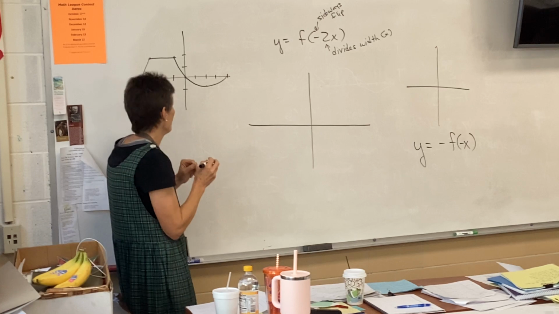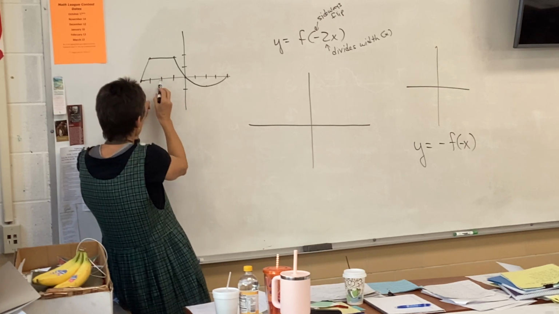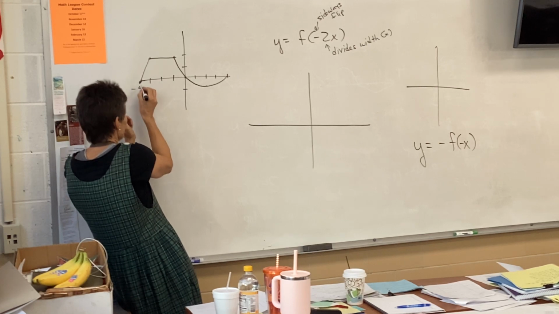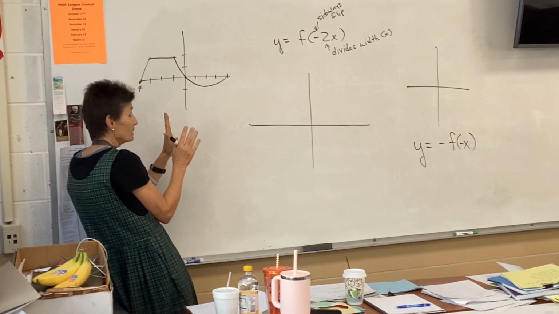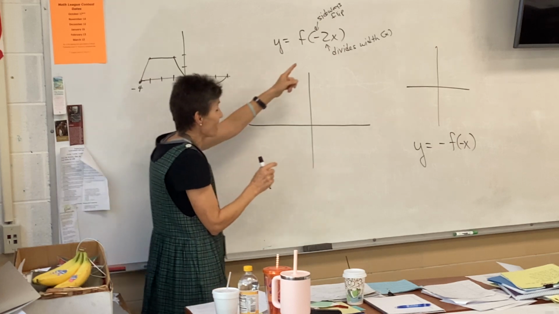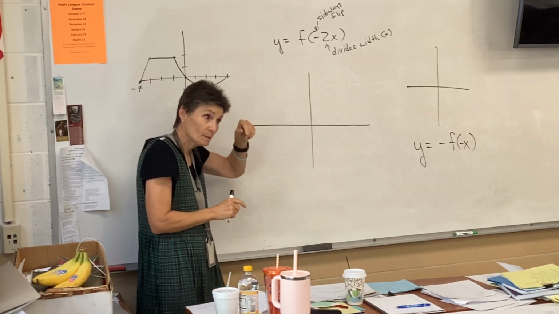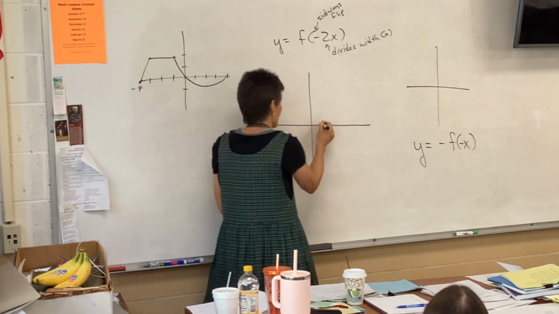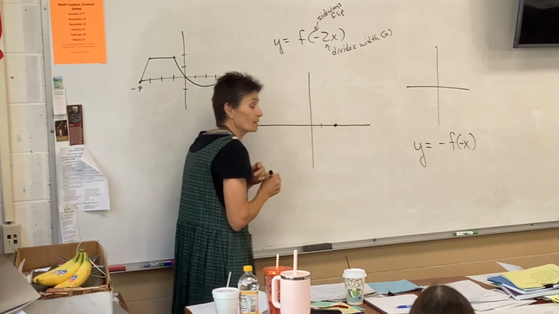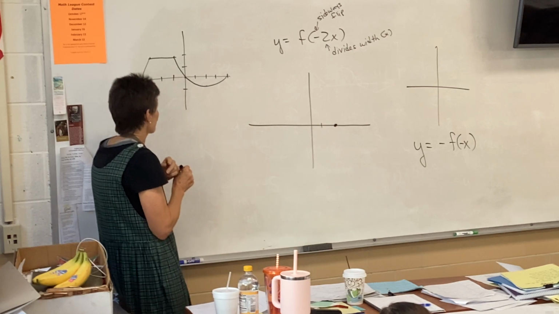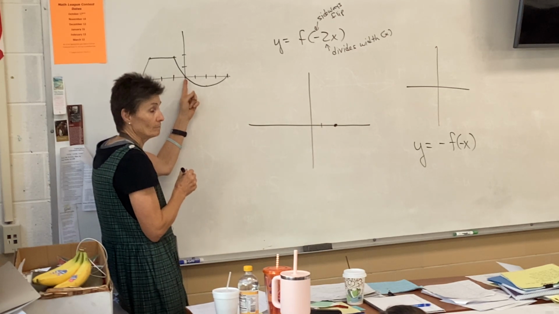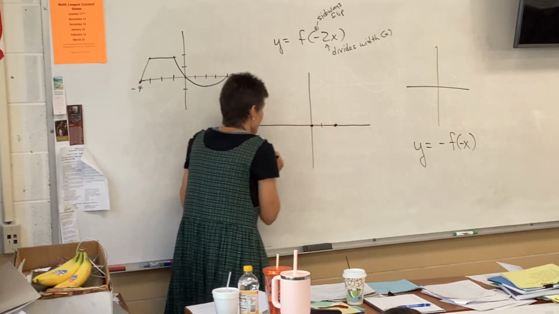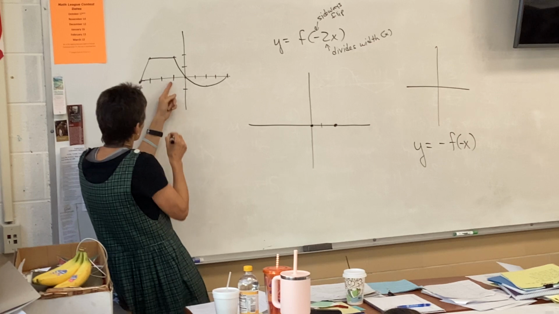If I do this, I'll try to do it all at once. What is this x coordinate right here? -4. I'm looking at just the x. I'm going to divide that by -2, so it's going to give me 2. So there's the flip, see? Now, how about the origin? Stays the same. 0 divided by anything is just 0. Okay, how about this?